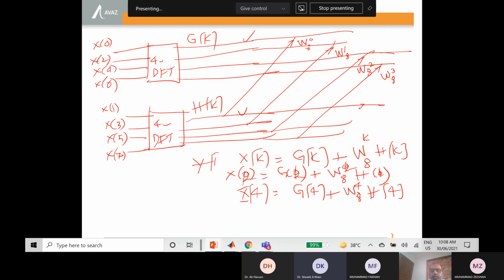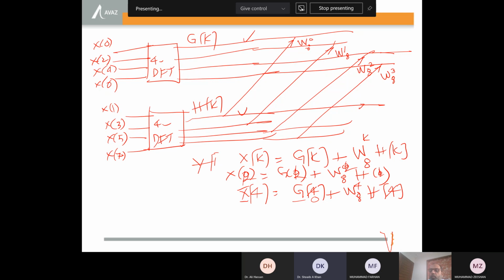But because it is a 4-point DFT and it is periodic over 4, g of 4 will be the same as g of 0, and h of 4 will be the same as h of 0. So here is the saving, that you are no more computing all these points, you are reusing the answer. In this divide and conquer, he effectively used the fact that you can reuse half of the points.